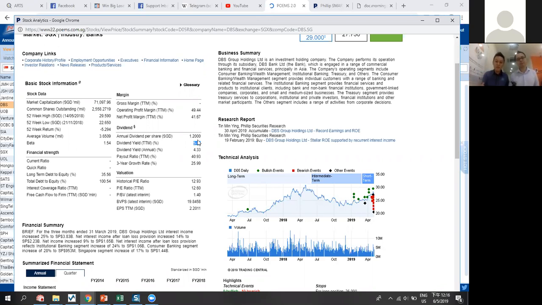Another question a lot of people ask is, where will this dividend go? Sometimes they want to check where the money went. It goes to your bank. If you are using a CDP link account, this dividend will go directly to your bank, because CDP has direct crediting services.